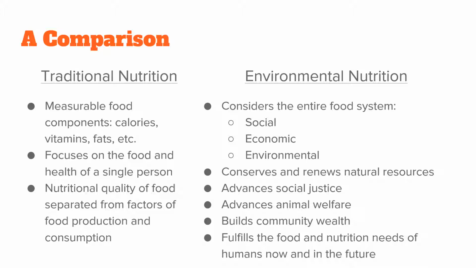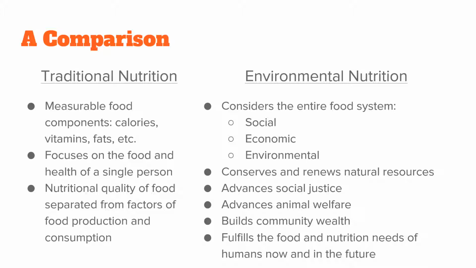And then finally, in the traditional nutrition framework, we're discussing the health qualities of the food, or these specific nutrient qualities of food, as separate from how the food is produced and how the food is consumed.